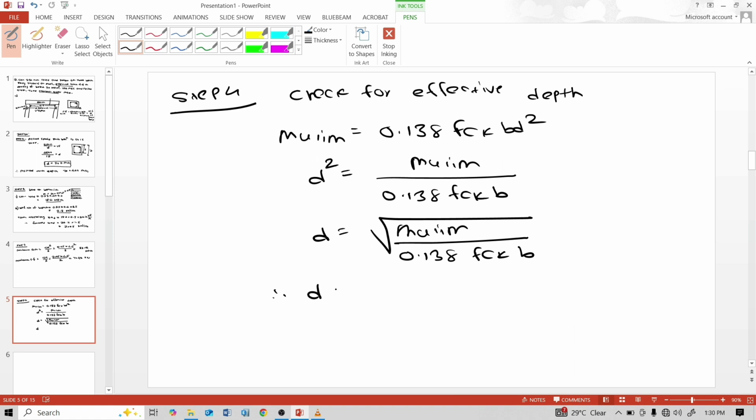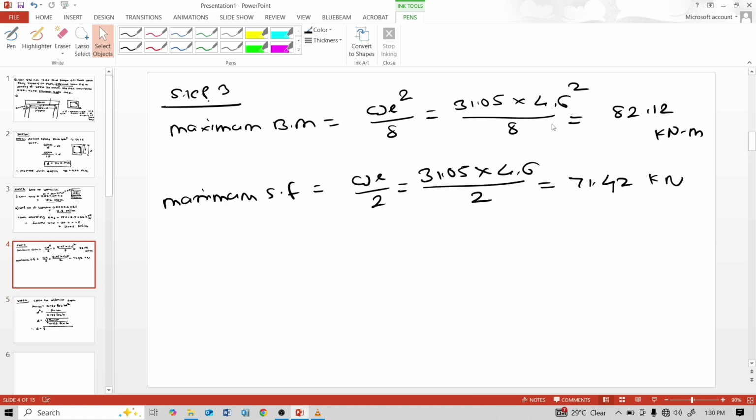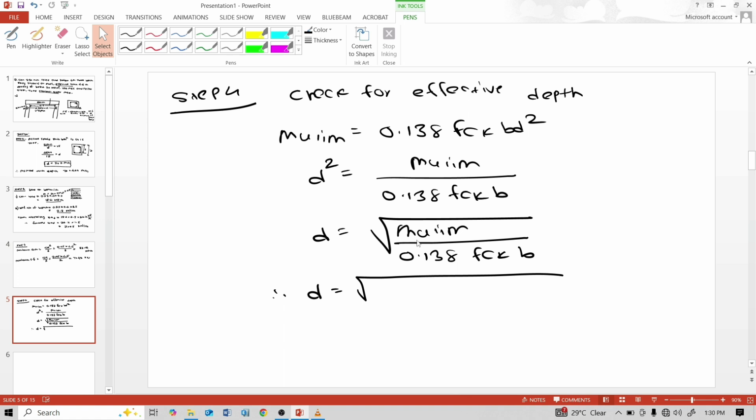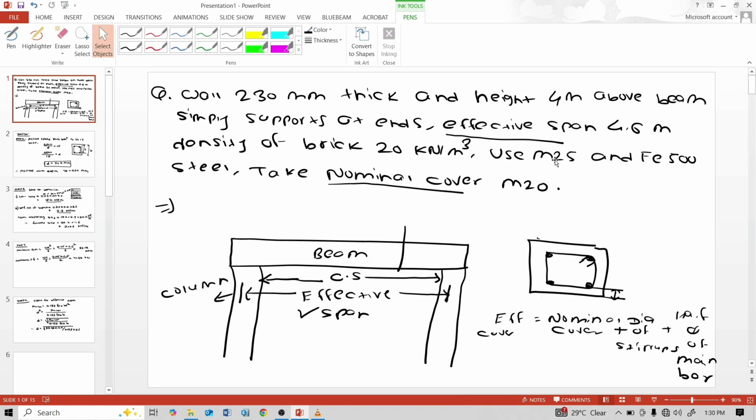Therefore, d equal to, our Mu limit is this moment 82.12 kilonewton meter. I convert it into Newton mm: 82.12 kilonewton meter is converted into Newton mm, so multiplied by 10 raised to 6, divided by 0.138. fck is 25, as they have given us M25 grade of concrete.